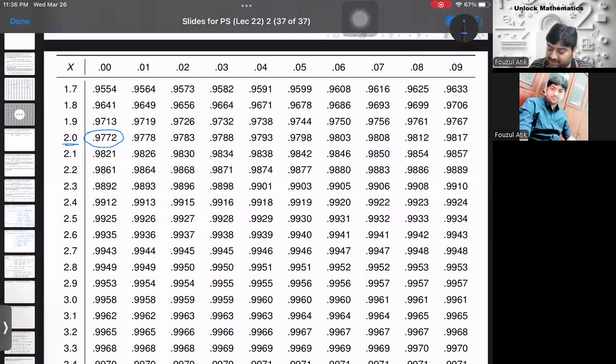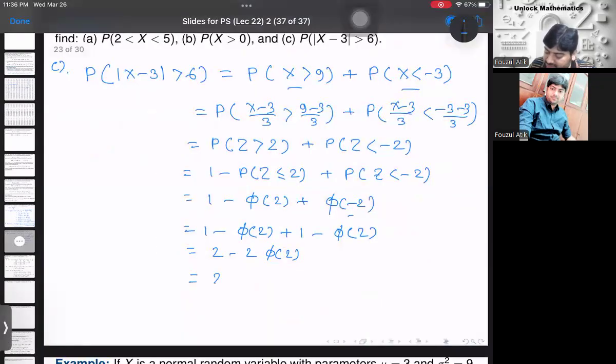So we'll apply that to our problem. This value is 2 minus 2 times 0.9772. And finally, if you do this calculation, you'll get 0.0456. So this problem is done, right?